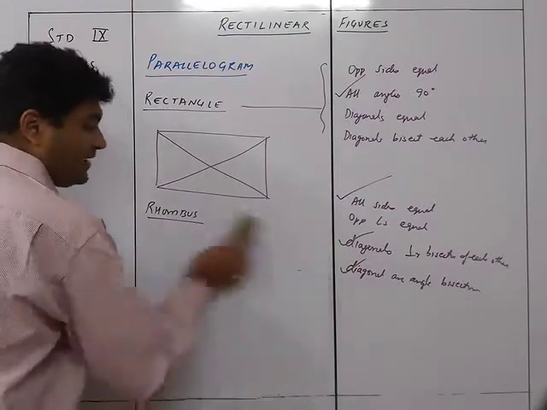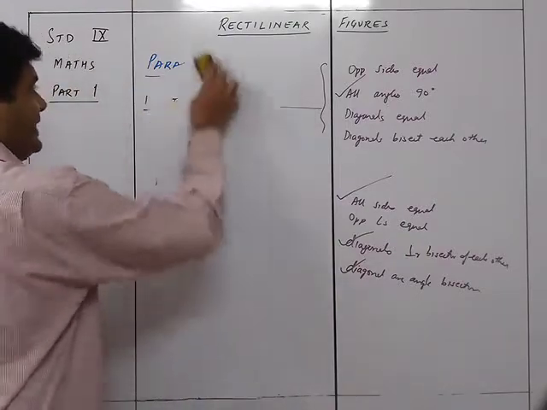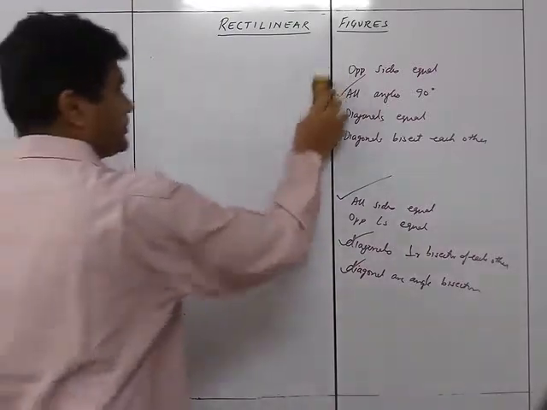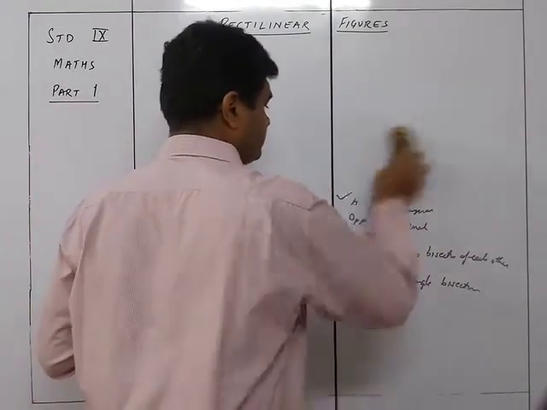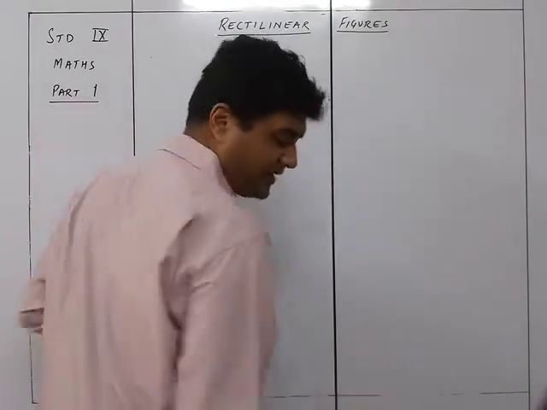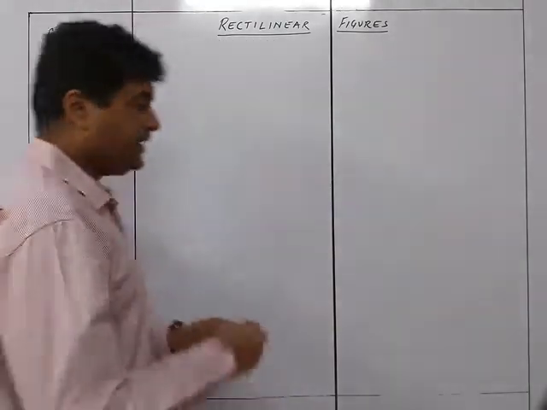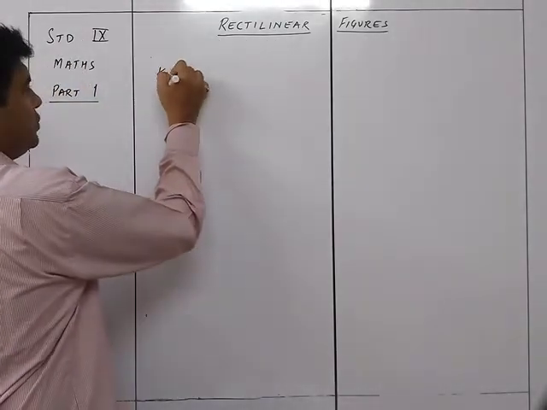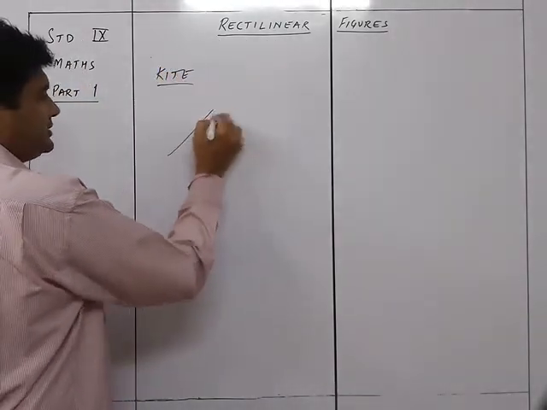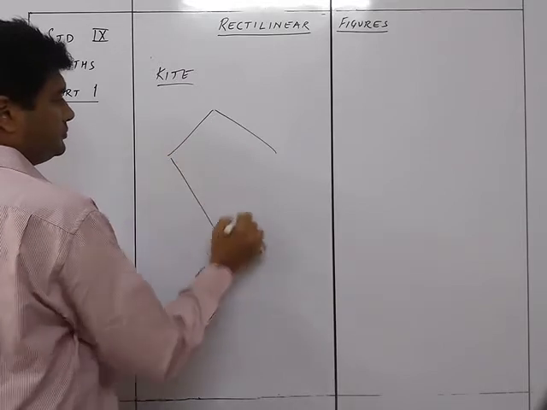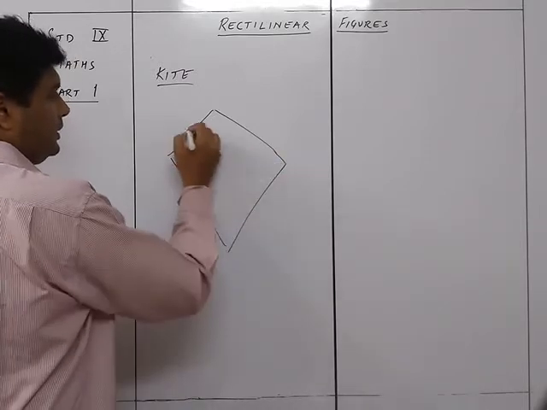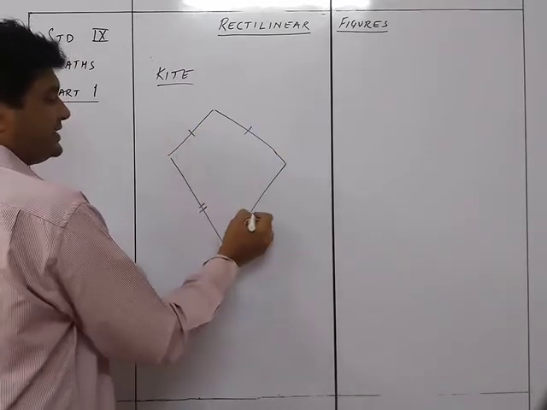The last what we are having in this thing is a kite. So the last kind of a quadrilateral over here is a completely different kind. It's a kite. So kite, it is like this, that one pair of adjacent sides are equal.